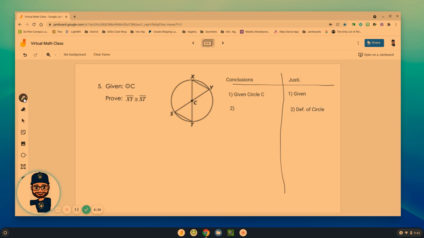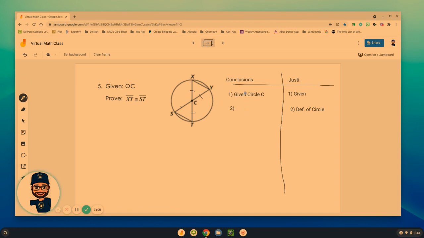The definition of a circle says that any point on the circle is equidistant from the center, meaning from C to X is the same distance as C to Y, which is also the same distance from C to T, which is also the same distance as C to S. Because those points are all on the circle, they're all the same distance away.